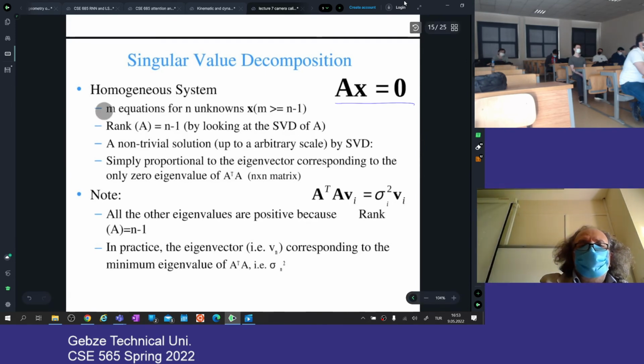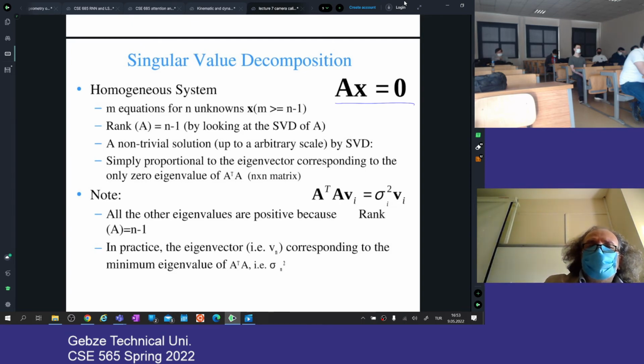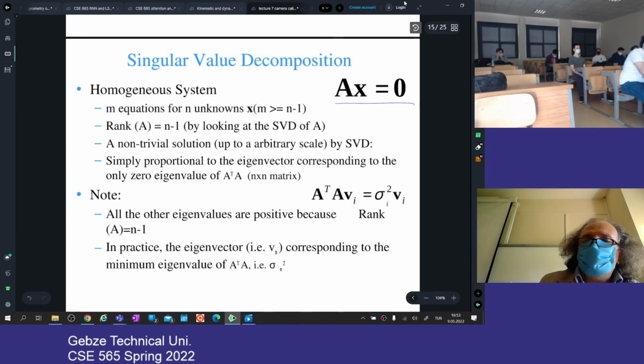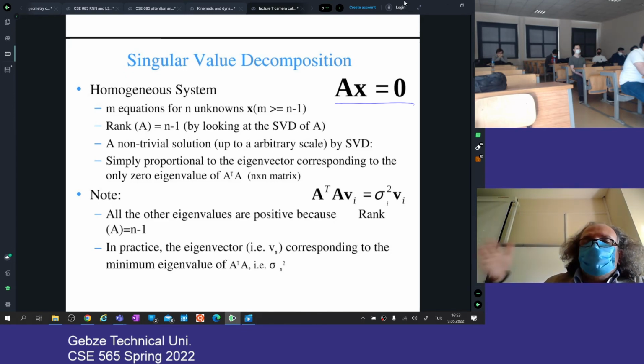I have m equations and n unknowns, and m is greater than n minus 1, and in this case the rank of this matrix has to be n minus 1, otherwise this equation will not hold. If you like to make sure that the rank of A is really n minus 1, just take the singular value decomposition of A and count the number of non-zero singular values. And if it is not n minus 1, then make it so by force: make the last one 0 and multiply it again.